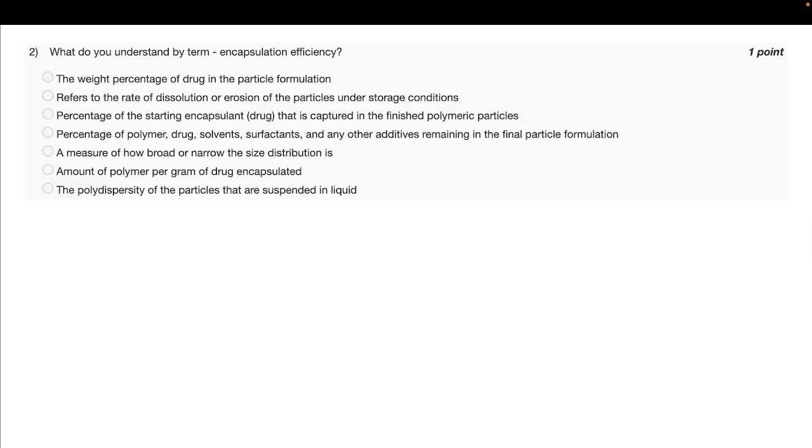Somebody is answering option 3. Option 3 is the percentage of the starting encapsulant that is captured in the finished polymeric particles. Okay, thank you for answering. Anybody else has another response?